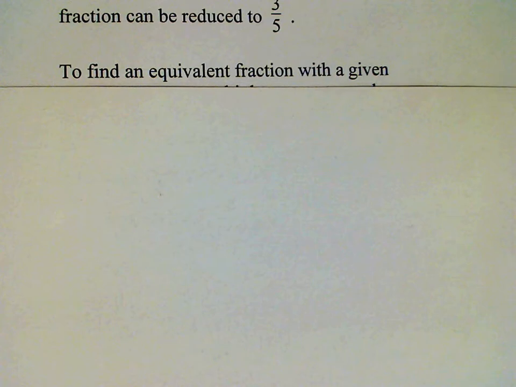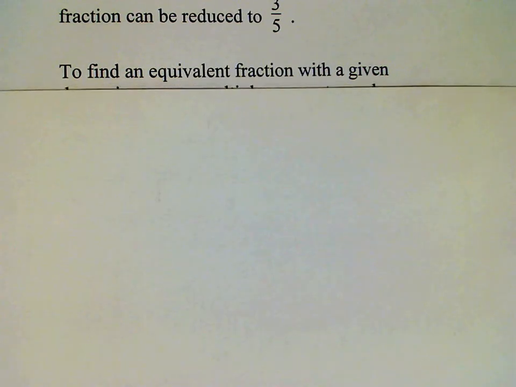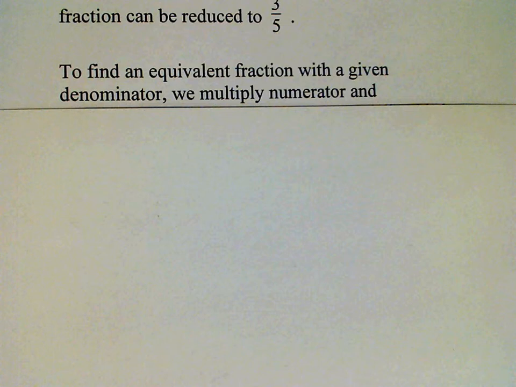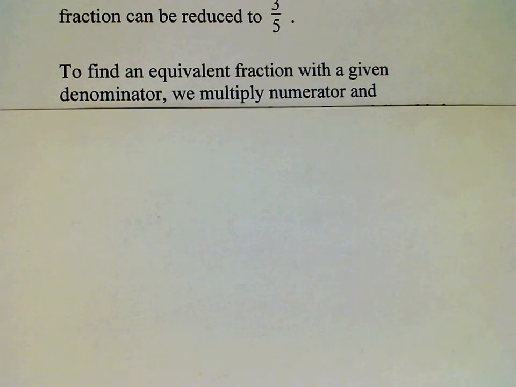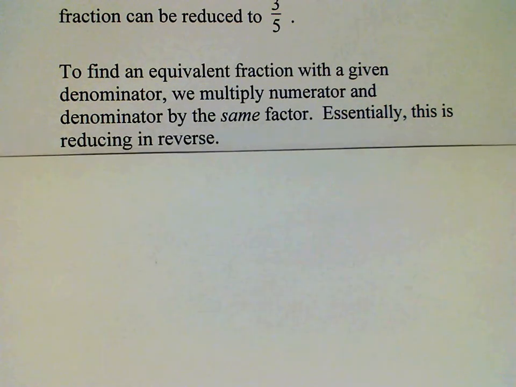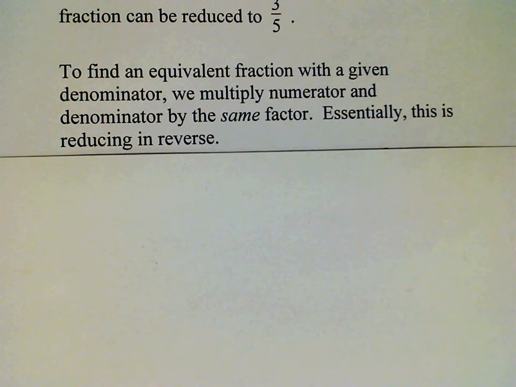Now, it sometimes happens that we need to find an equivalent fraction to a given fraction with some particular denominator. And in order to achieve that, we need to multiply numerator and denominator of the fraction by the same factor. And essentially what's going on here is reducing the fraction in reverse.